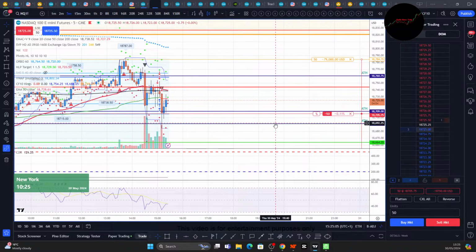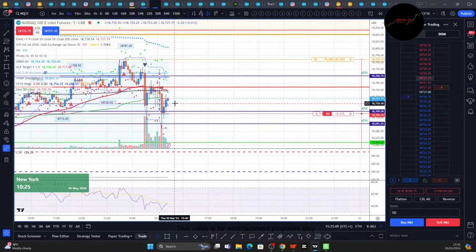Well, we didn't close above it, so we'll wait to see what this next candle brings. The way our price action's behaving, it seems it was going to head up towards the point of control.